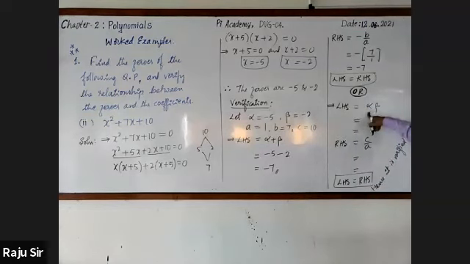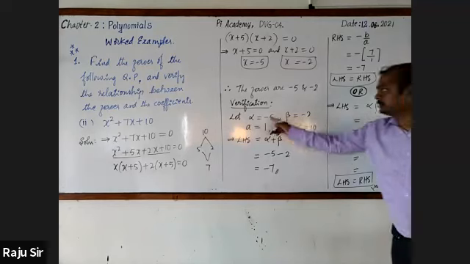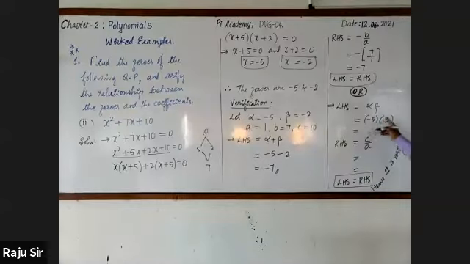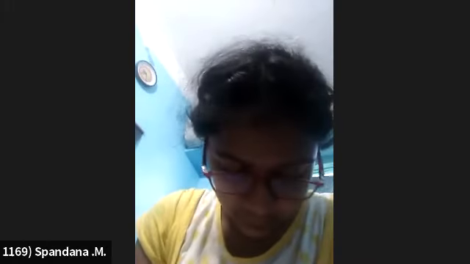LHS equal to alpha into beta, where alpha is minus 5 and beta is minus 2. Minus into minus is plus; 5 twos are plus 10. Take RHS.